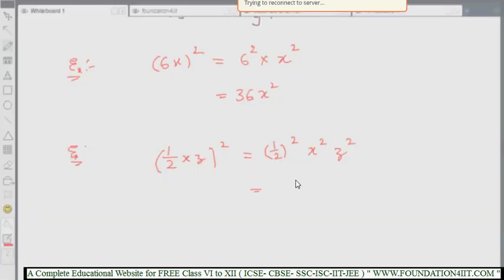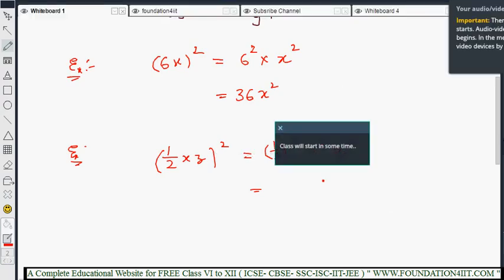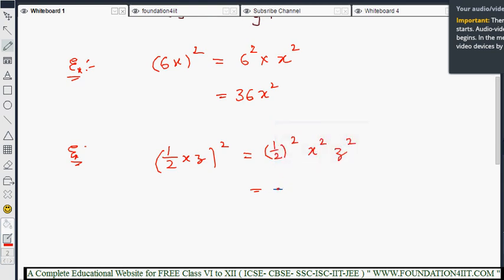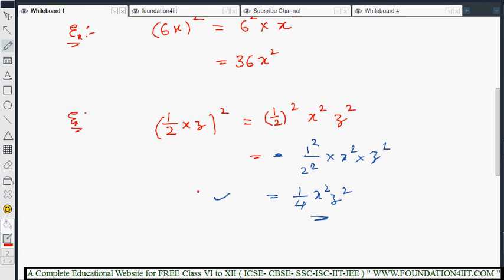Also minus 1, that means plus 1. 1 square by 2 square, x square into z square. So finally I can write 1 by 4 x square and z square. Right, so this is law 7.